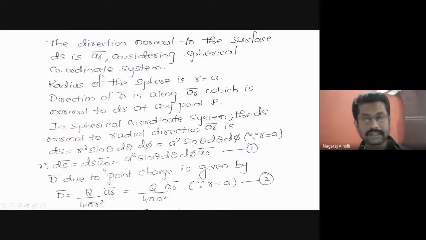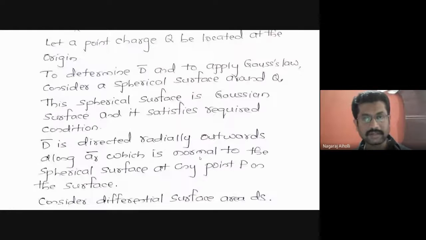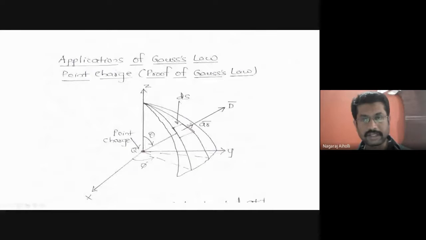That is further equal to a square sine theta d theta d phi times an bar. The direction of the unit vector for ds bar and ar bar are the same, and it is normal to the surface ds.